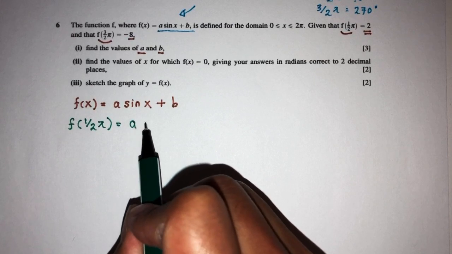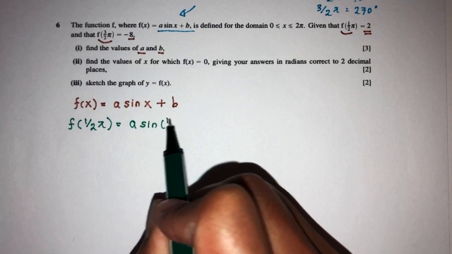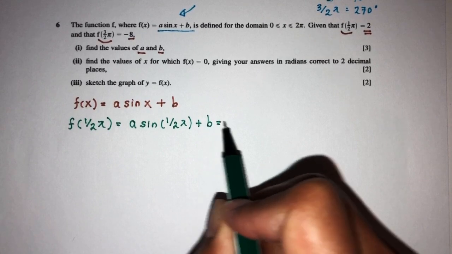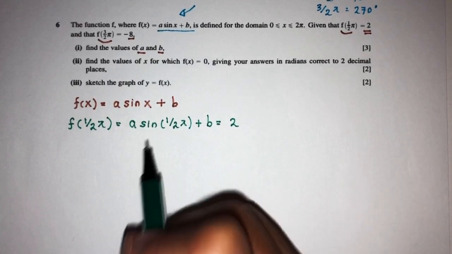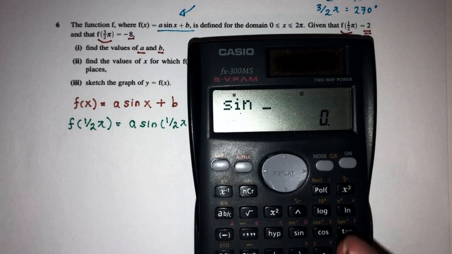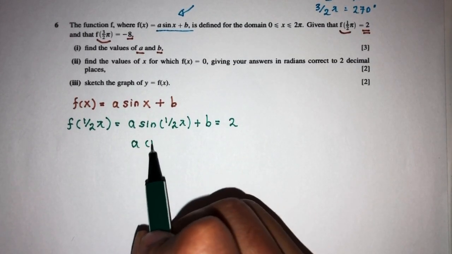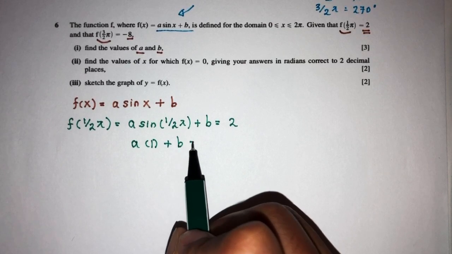That will be a sin of half pi plus b equal to the value of 2. Let's simplify. What is the value of sine 90? That will be 1. So we have a times 1 plus b is equal to 2.